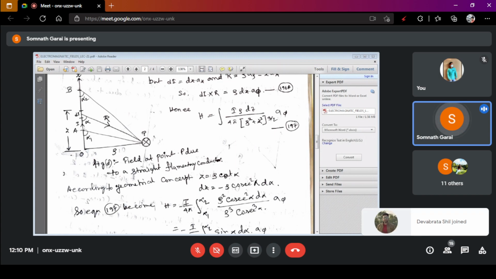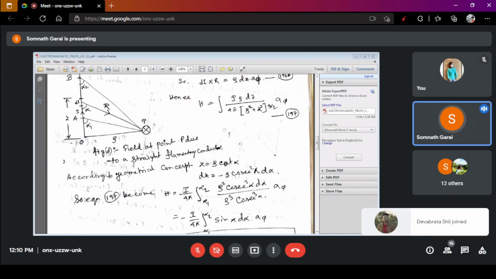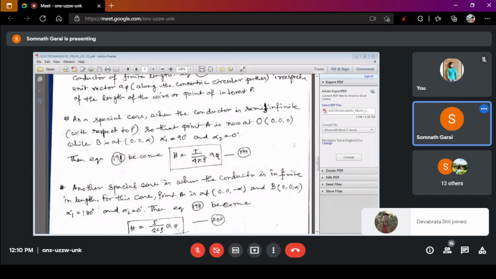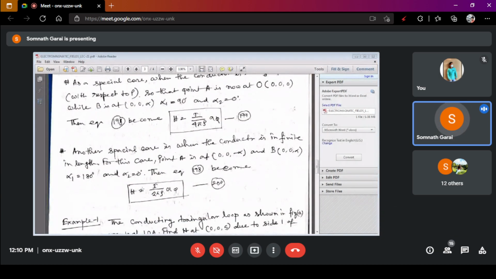In that situation, the A point has vector location 0, 0, minus infinity, and the B point has vector location 0, 0, infinity.